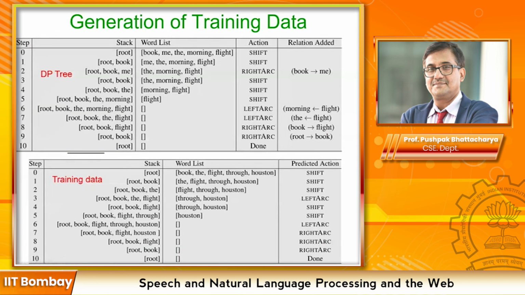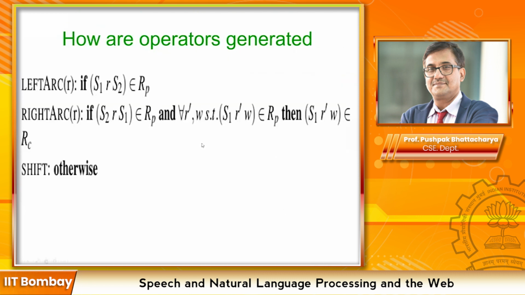Sir, could you again explain the right arc rule? Yes, the right arc rule. S1 and S2 are the two top elements in the stack. S1 is on top of the stack and S2 is the element below it.